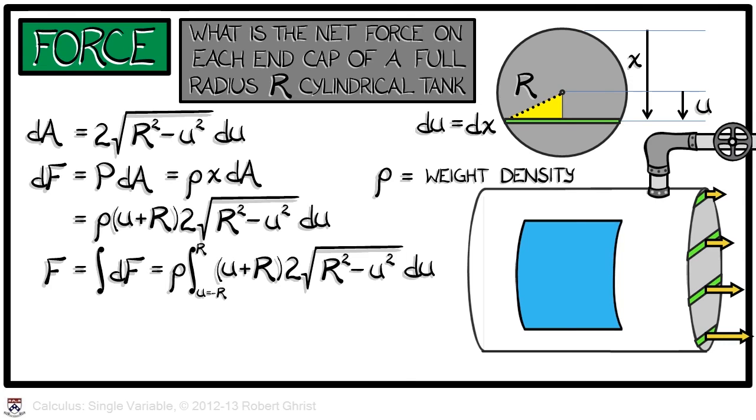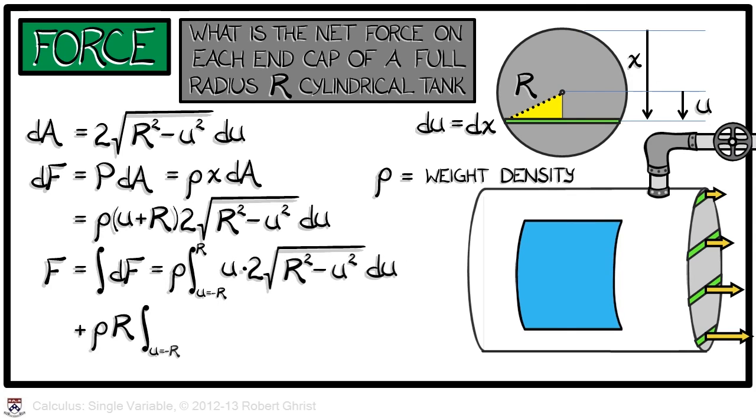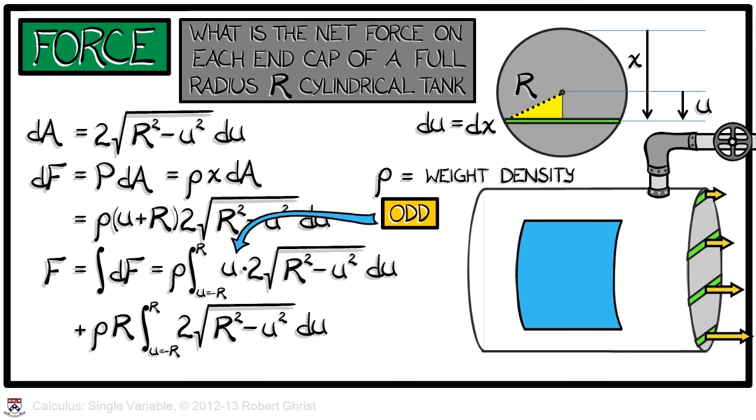As we've seen in similar integrals in the past, what is going to work best is to split this up into two integrals, distributing the multiplication over the addition, and noticing that one of these integrals has an odd integrand, integrated from negative r to r.